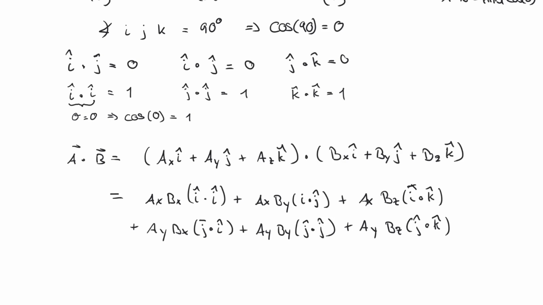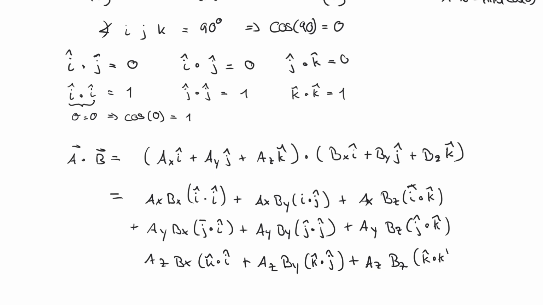And I guess I'm just going to complete it now. So last but not least, I have az bx, and that would be k dot i, plus az by, k dot j, plus az bz, and then k dot k.